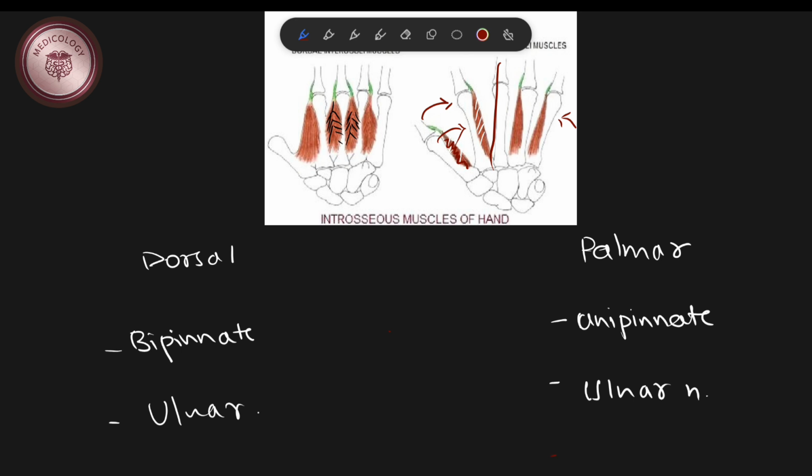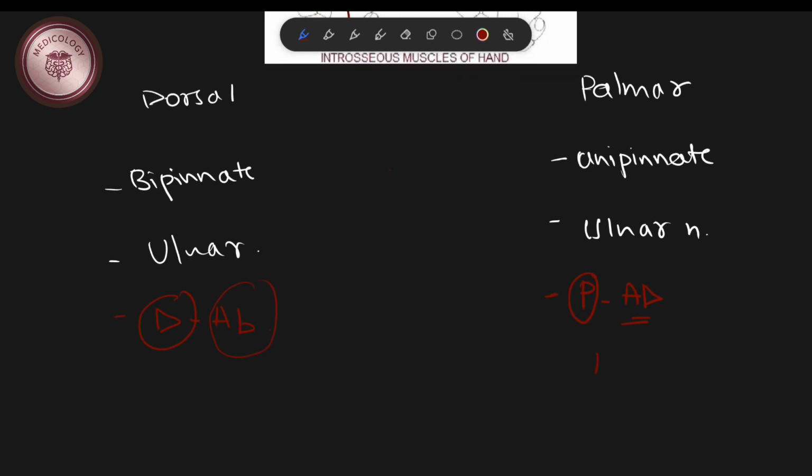The mnemonic is PAD: palmar adduction. And the dorsal ones take the finger away from the central axis, so dorsal is abduction. Adduction will be here, and here there will be abduction, taking away from the central axis.